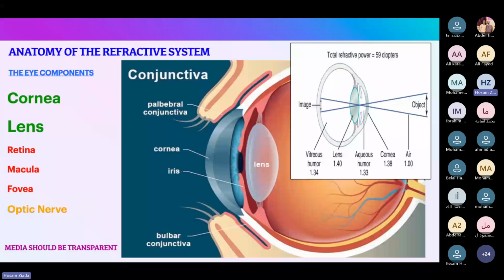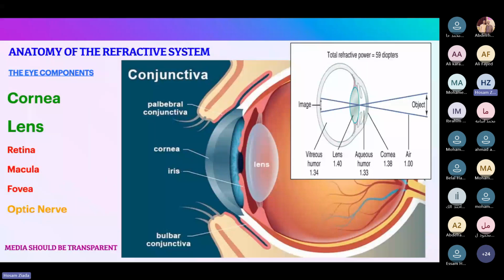I mean, differentiate between the two terms, refractive power and refractive index. Refractive index means the capability of the media to refract the light, to change the direction of the light, either outwards or inwards. Outwards means divergence, and inwards means convergence.